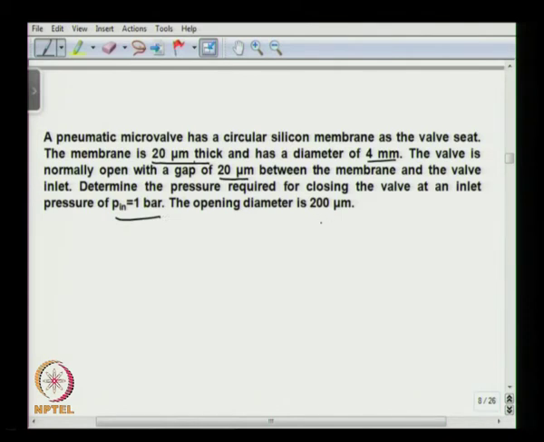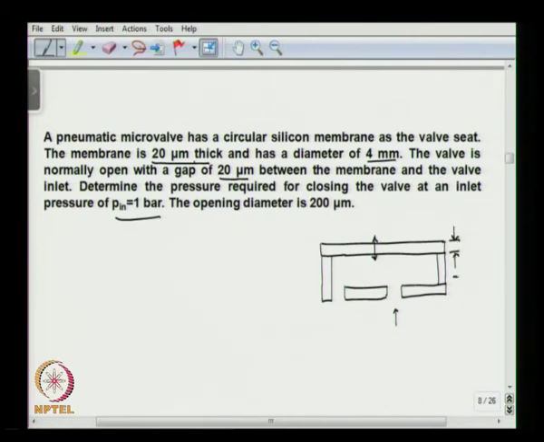So, typically we have a configuration something like this. We have an inlet, and this membrane is going to deform to actuate the valve. This is about 20 micron and this is 4000 micron diameter.